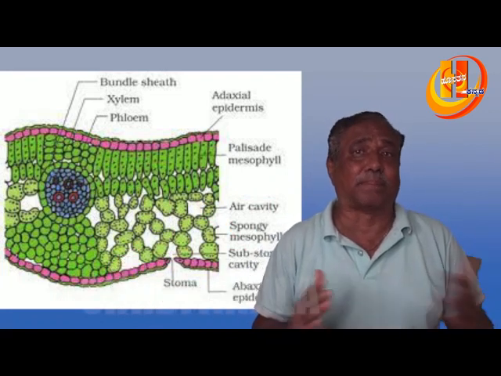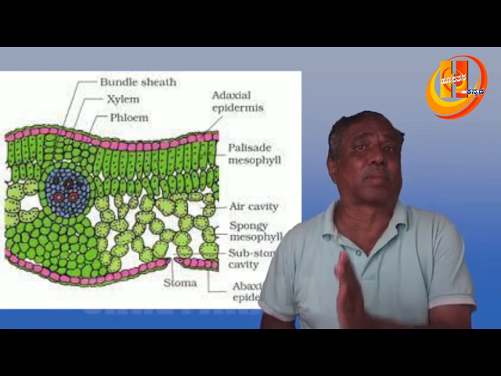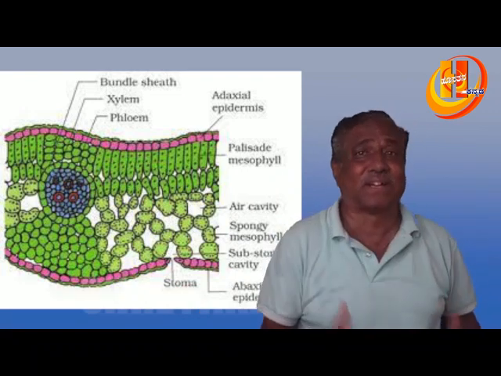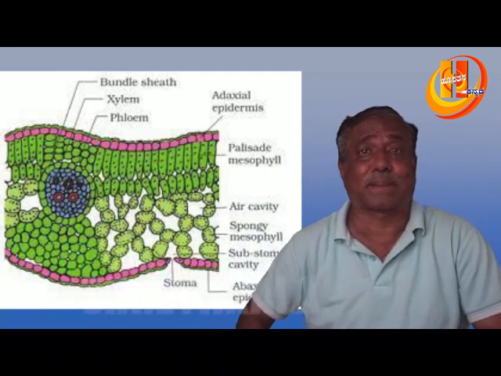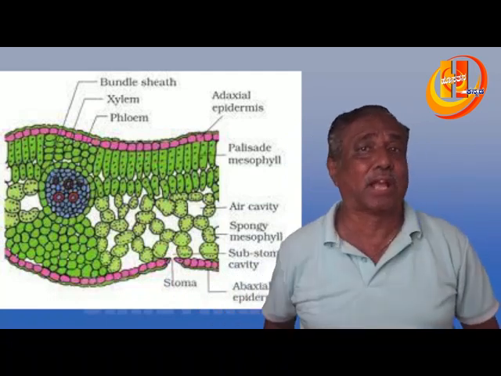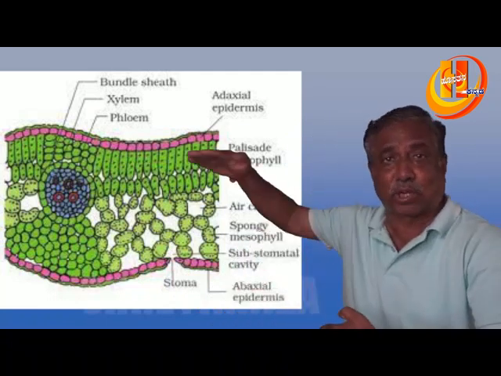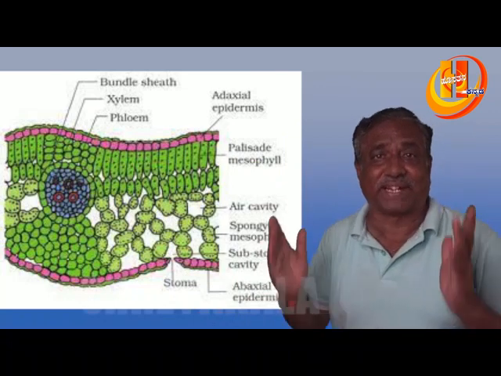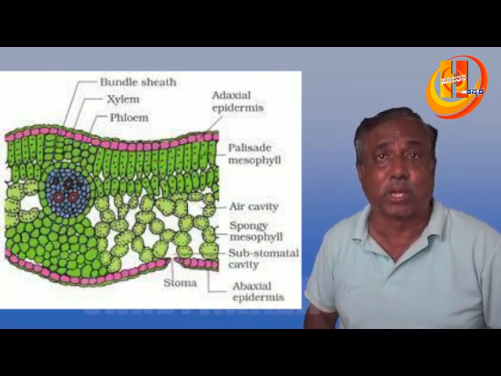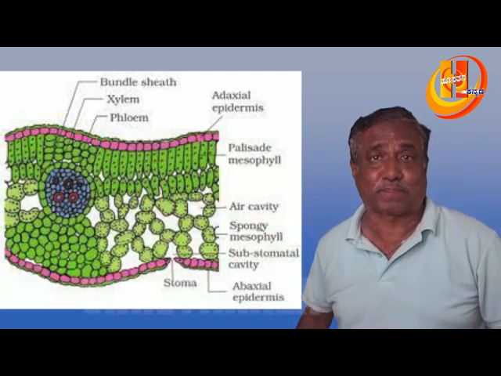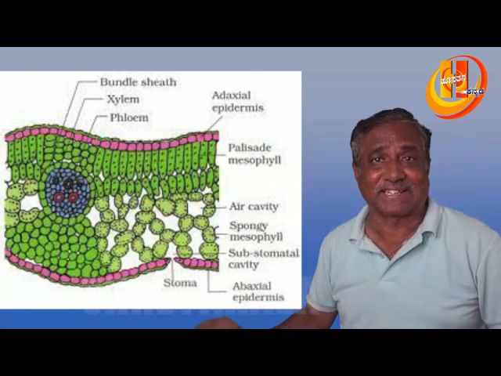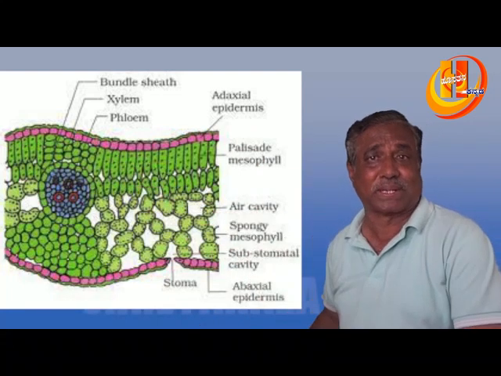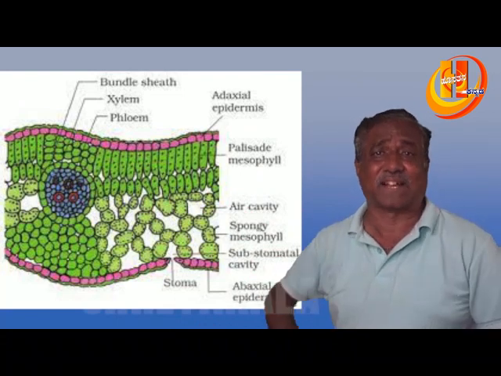Continuity of the epidermis is broken because of the presence of stomata. But more number of stomata are present towards the lower epidermis, and this is called a hypostromatic leaf. Tissue present between upper and lower epidermis is called mesophyll. Mesophyll in the Dicot leaf is differentiated into upper palisade parenchyma, with more or less pillar-like cells containing more number of chloroplasts, and lower spongy parenchyma, with oval-shaped cells containing less number of chloroplasts.